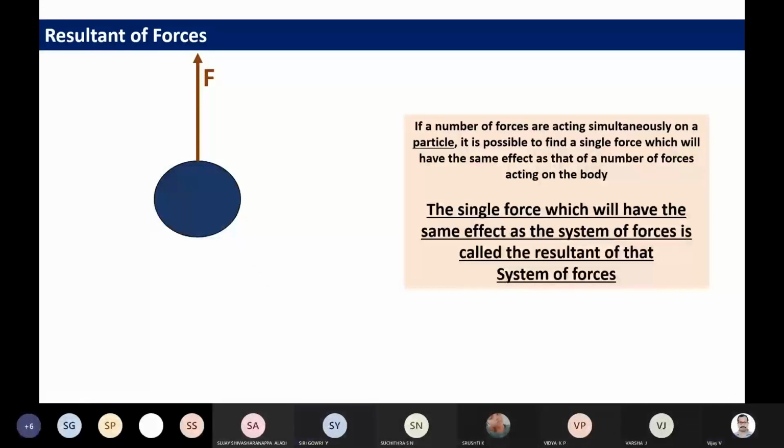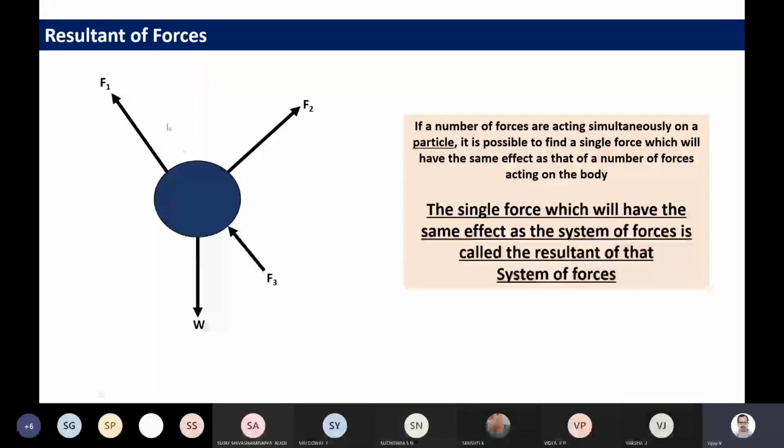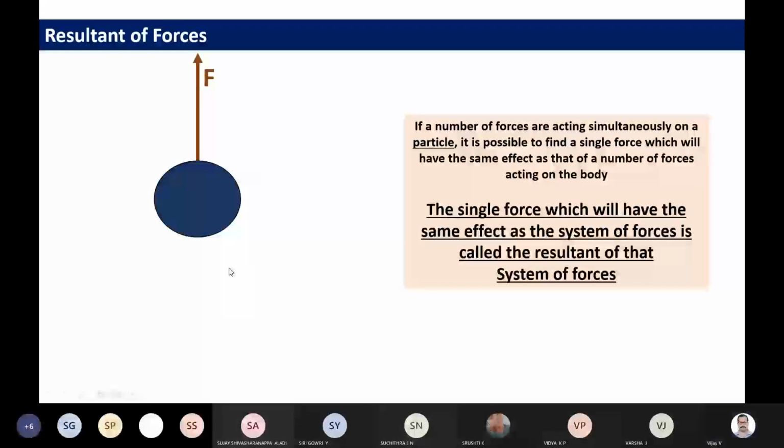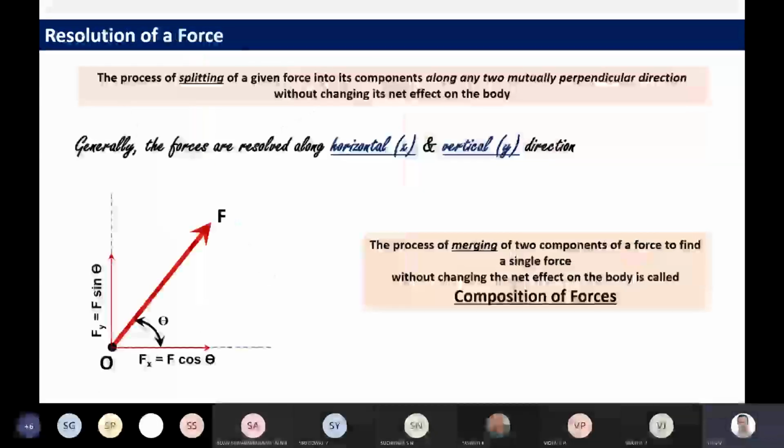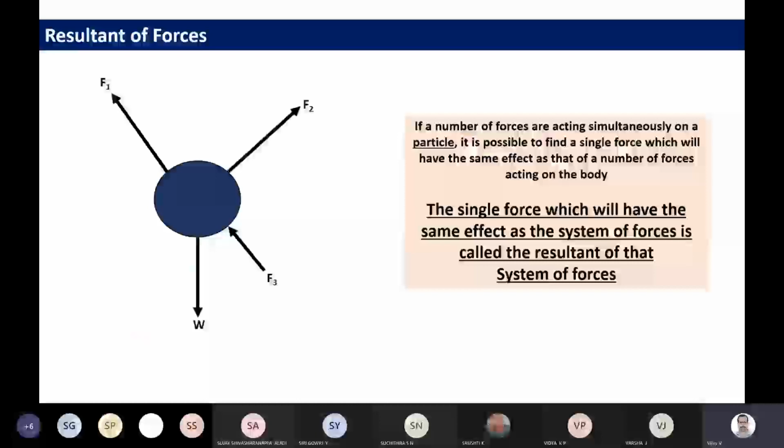Net force, yes. But how will you determine this force? Because here in this case, all the forces are acting in different directions. So how will you get to know this force, the resultant one? So basically what we do is, you resolve the forces whatever is known to you in the X and Y axes.